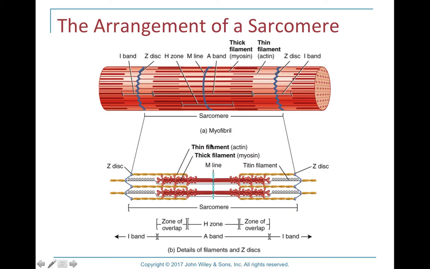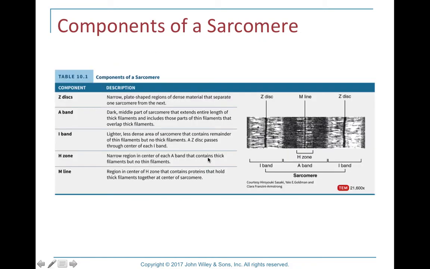And you can see the thin filaments contain actin. The thick filaments contain myosin. We will talk about these proteins in just a few. You also have a nice table that goes over the details.